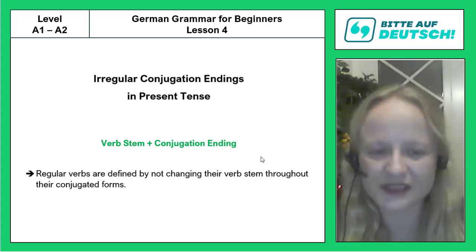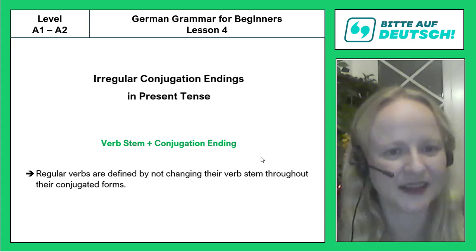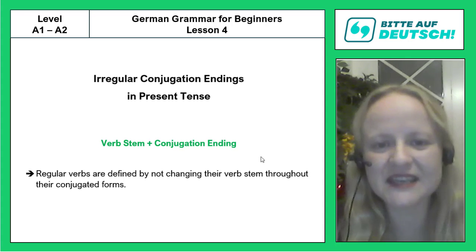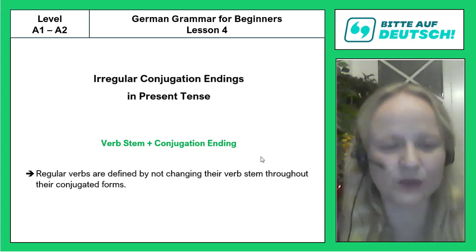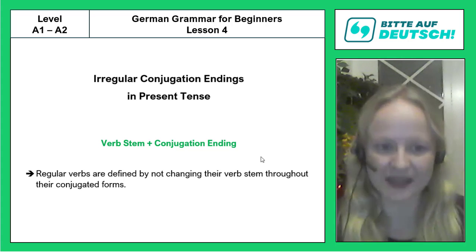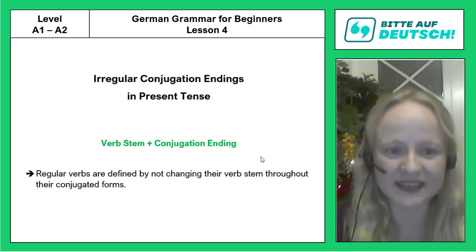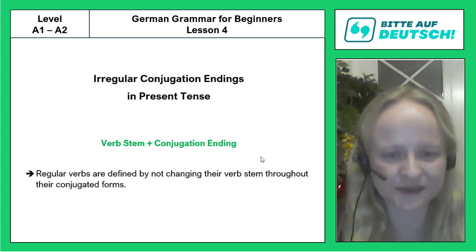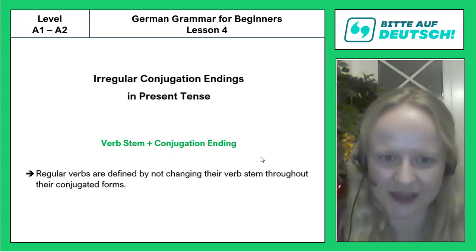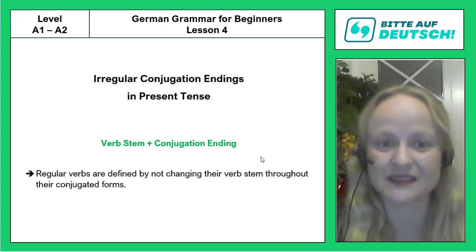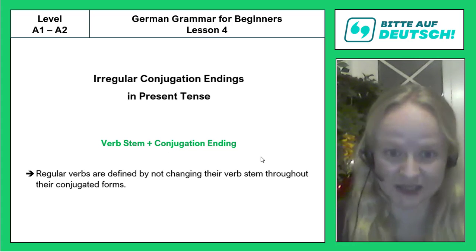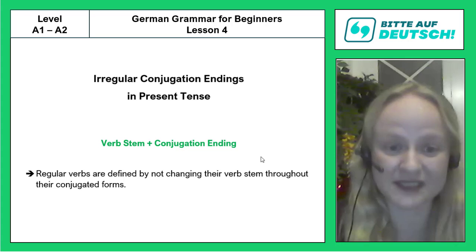When we take an infinitive, lesen, we obtain the verb stem by eliminating the en ending of any German verb. We eliminate en, we get the stem, les, okay? And the fact that lesen changes its verb stem when we conjugate it defines it as an irregular verb. Regular verbs do not contain such a change, as we saw in the previous exercise.